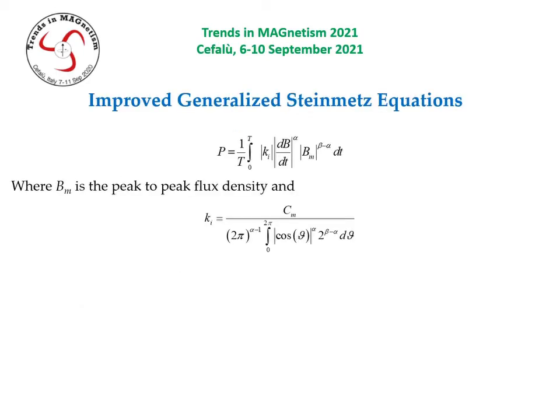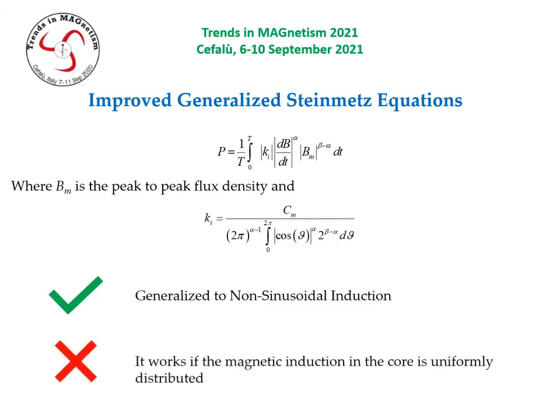For this reason, we decided to analyze the accuracy of also the improved generalized Steinmetz equation, as shown here. Using this approach, we are able to obtain accurate estimation also under non-sinusoidal induction, but it works only if the magnetic induction in the core is uniformly distributed, and this does not always happen in power electronics.